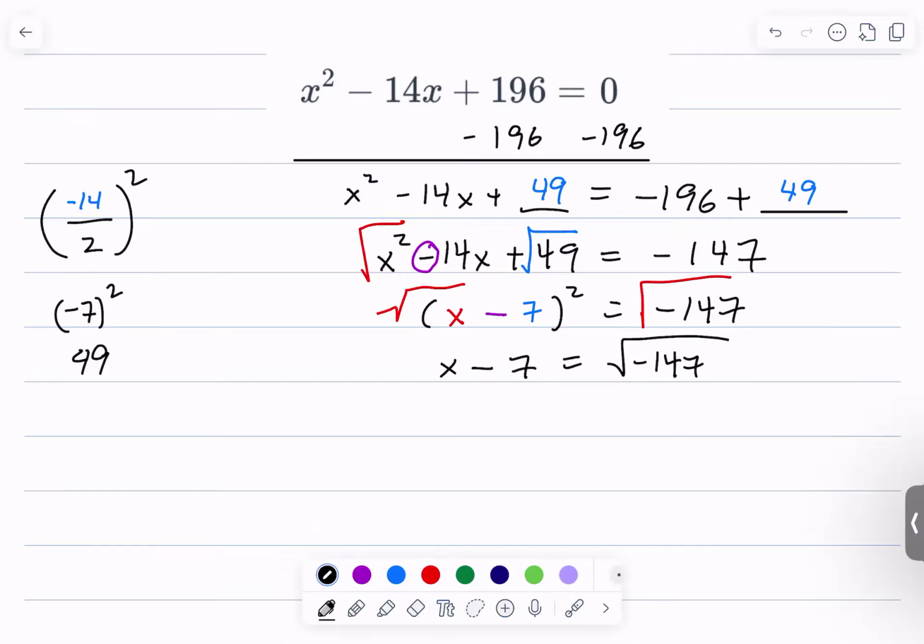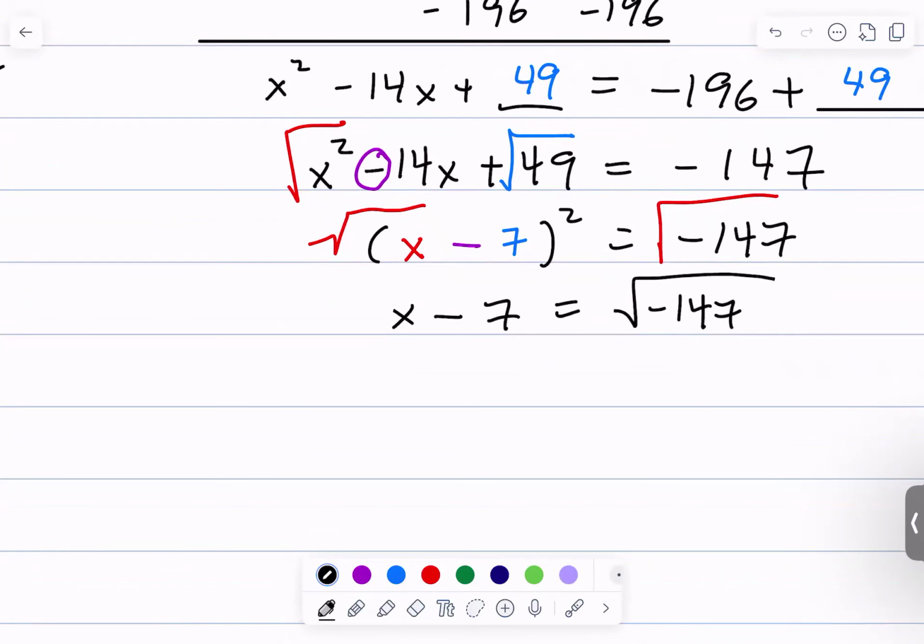147 is a weird number. It's an odd number. We don't really encounter 147 a lot in math when you're doing your problems. So I would think of an odd perfect square. 25, no. 49, yes. Divided by 49, that's 3. So 147 breaks out to be 49 times 3.